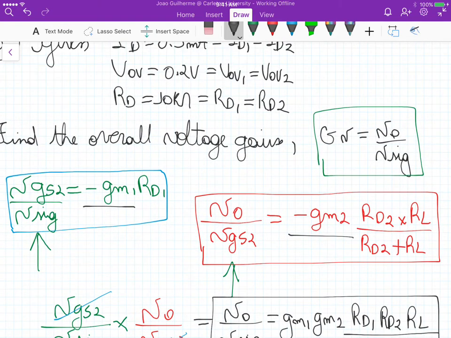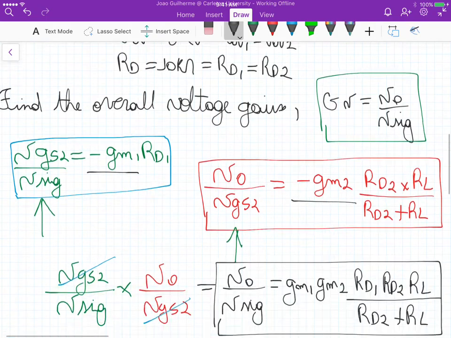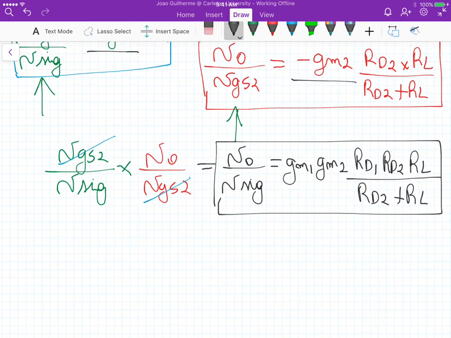So if we look at the known values here, we know RD1, RD2, and we know the drain current, we know the overdrive voltage. So it's just a matter of calculating the transconductances, and we are good to go. Now, how do we calculate the transconductances? Remember that the transconductance is equal to 2 times ID divided by the overdrive voltage.